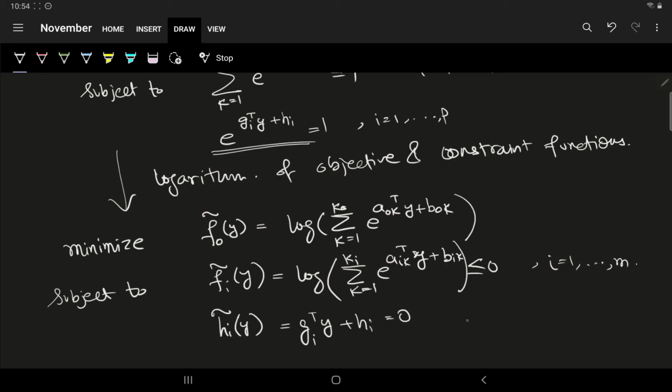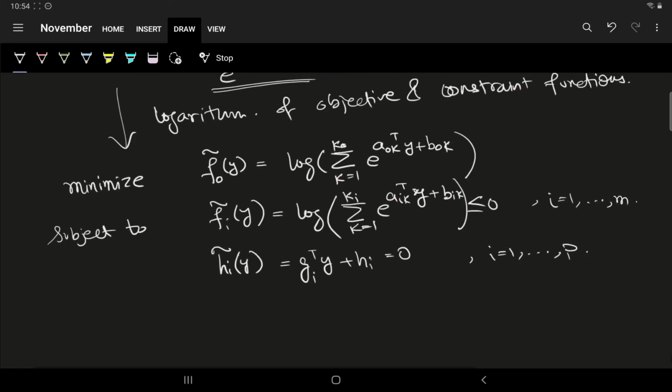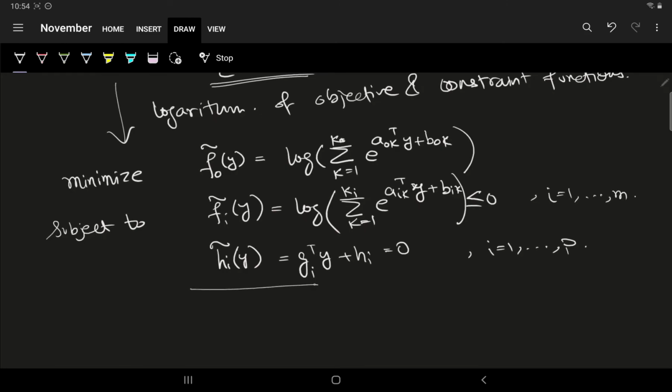So right now all the fi's are convex. Those are the log of the objective and the constraint functions, and hi are affine. So it is indeed a convex optimization problem.